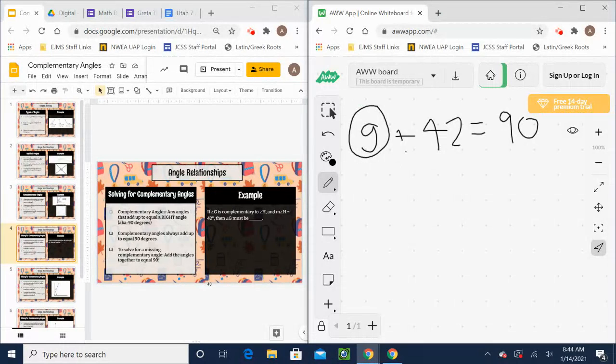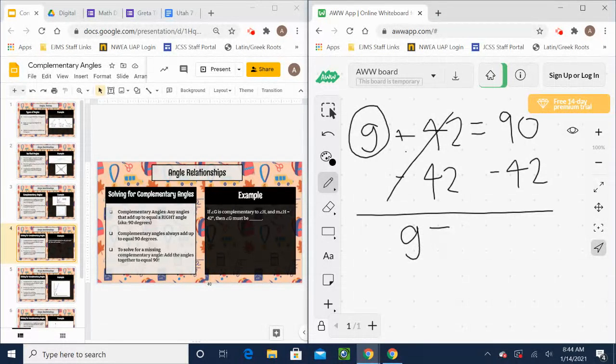Well, we're going to do the opposite of addition. We know that is subtraction. So I'm subtracting 42 on both sides, because I've got to balance it out. So when I cross that out and bring down my variable, to solve for it, it's going to be 90 minus 42. So 90 minus 42 is going to give me 38.